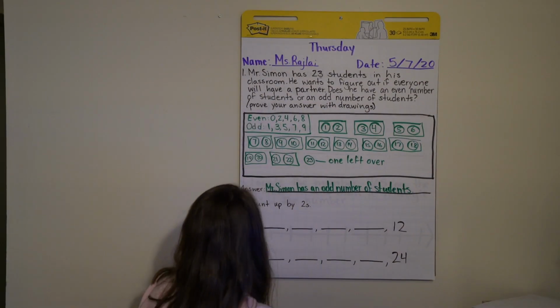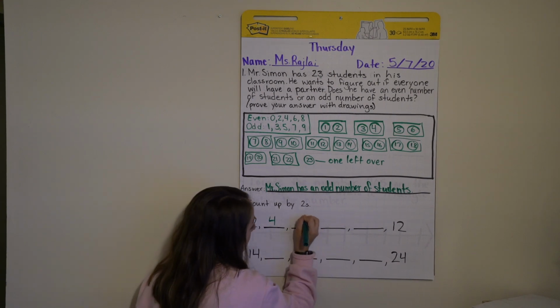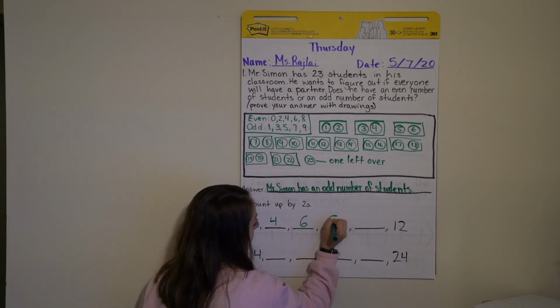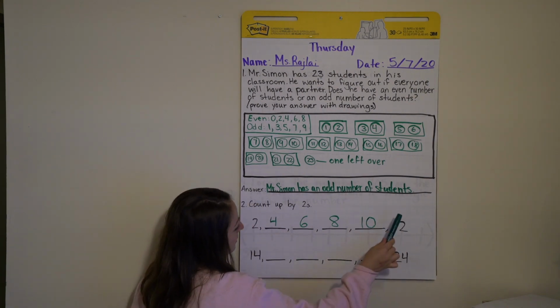Okay, so counting by twos. 2, 4, 6, 8, 10, and 12.